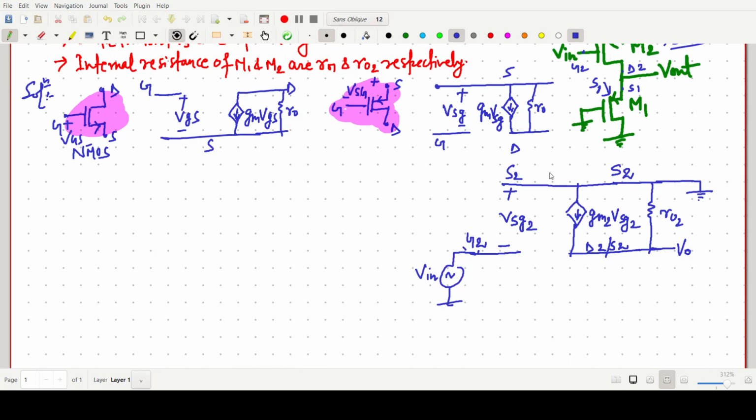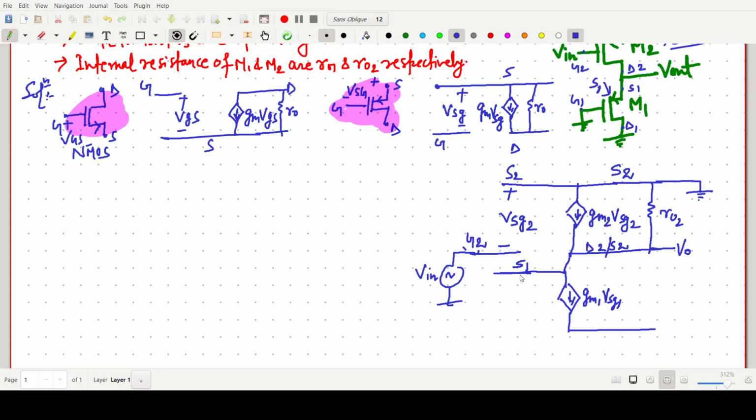Now we have to draw the other one. Again the source is common. This one is S1, already written, and this one is G1 and D1. Now the current will go like that, and this current is simply gm1 VSG1.